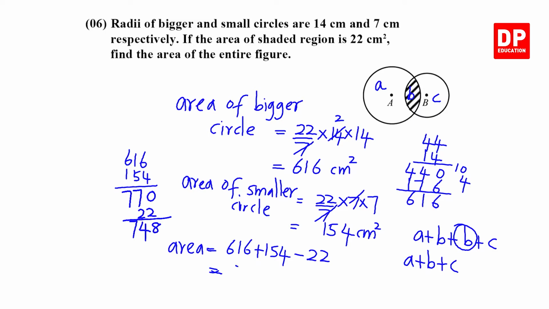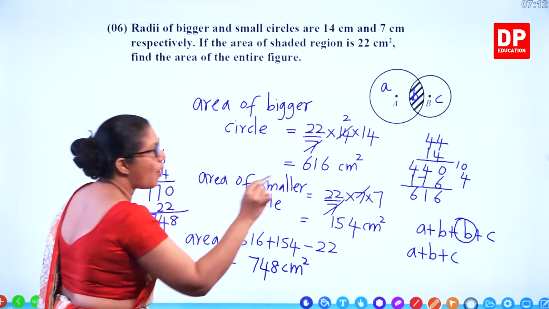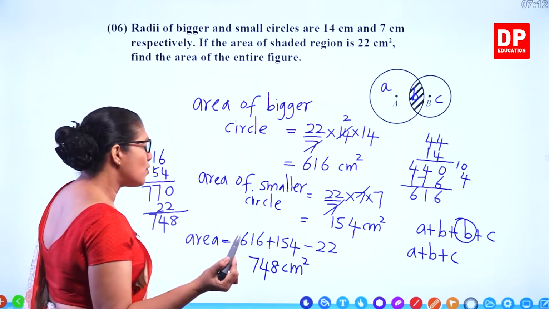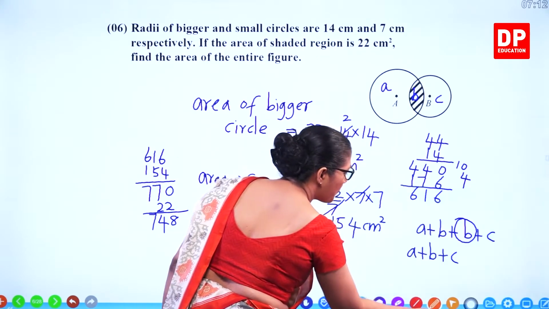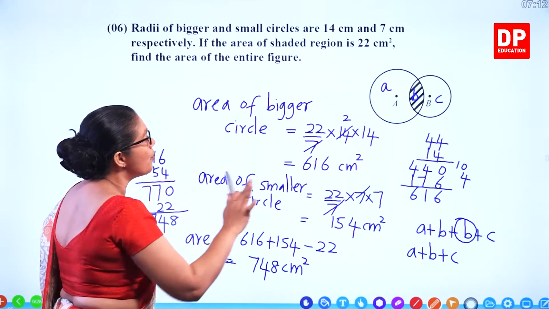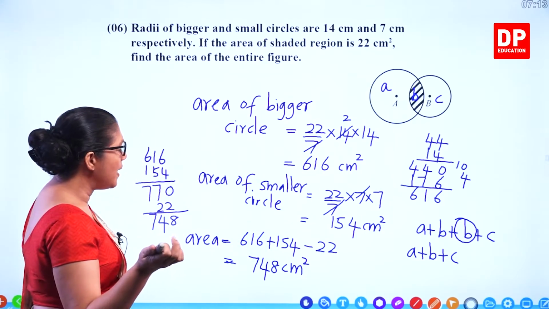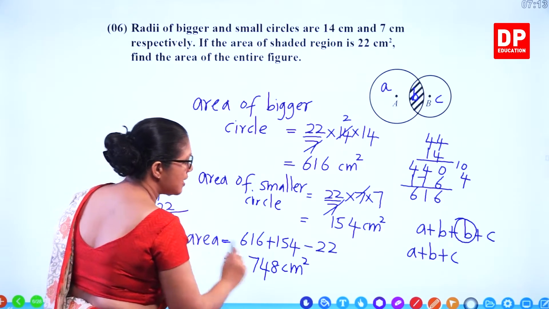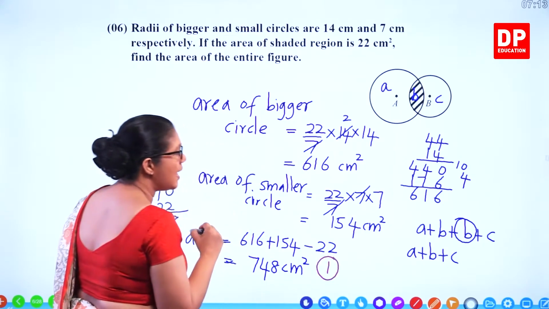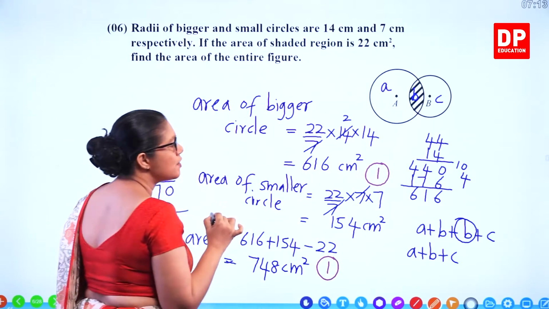So 748 square centimeters is the required area. So you get only 2 marks for this. So make sure that you write down the method quickly because you have only 2 minutes to write down. So 748. So you are getting marks for the final answer, and if your method is correct, you can get full marks.